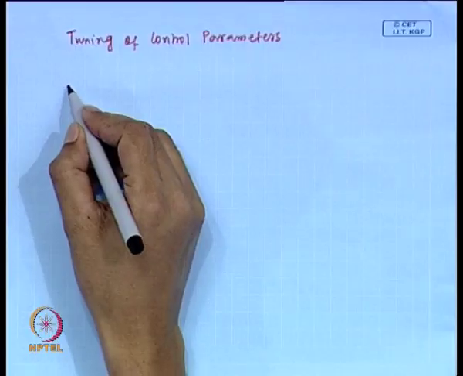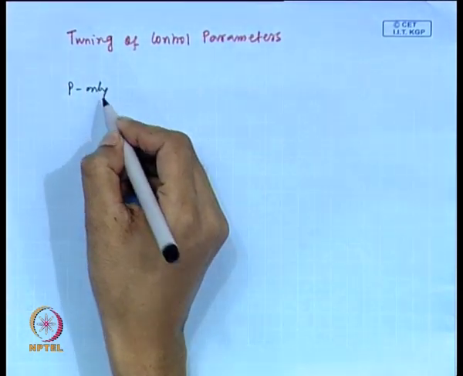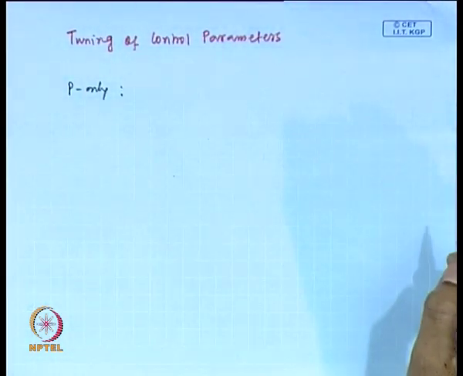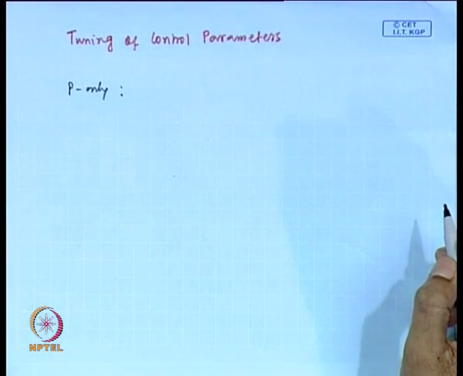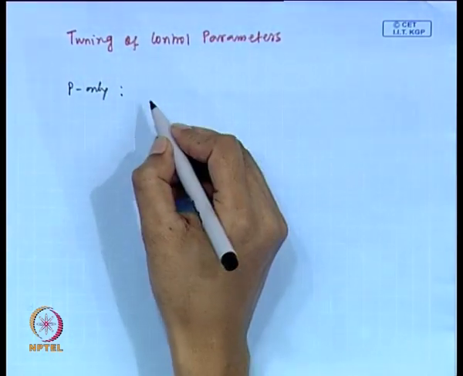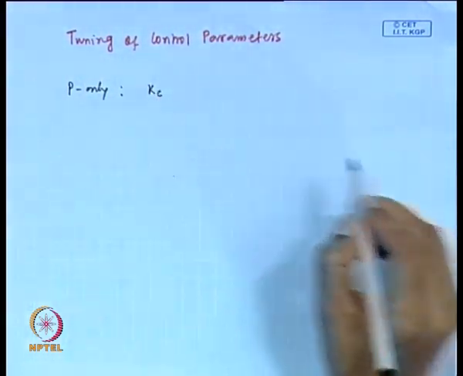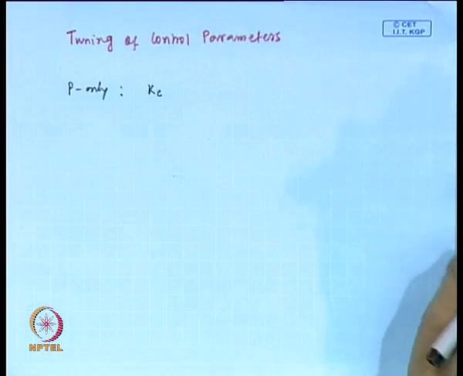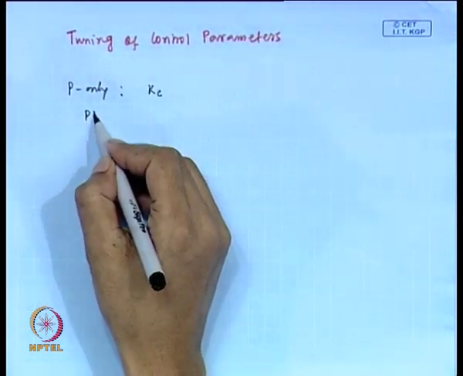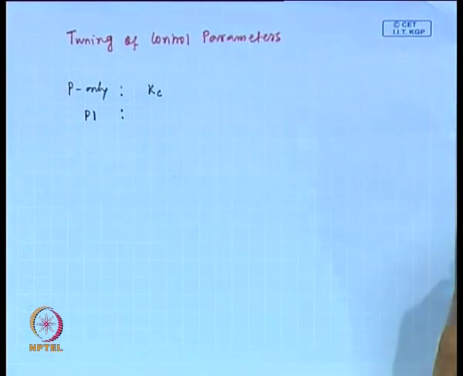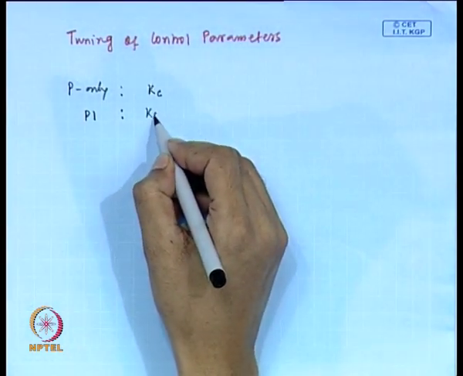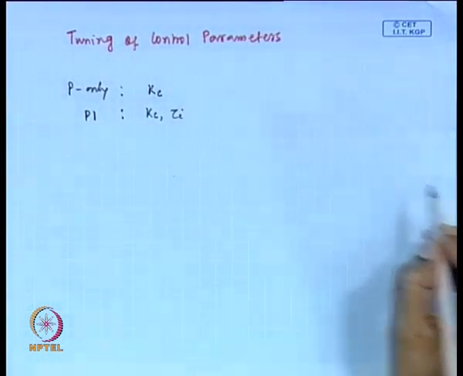For P only controller, one tuning parameter is there, that is Kc, proportional gain. In PI controller, two tuning parameters are there. One is Kc, another one is tau y.